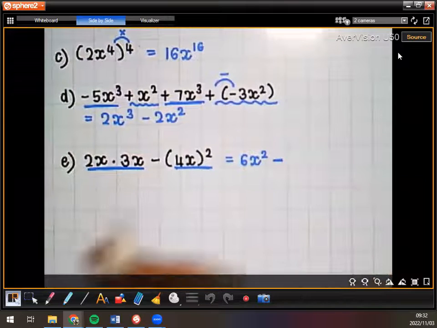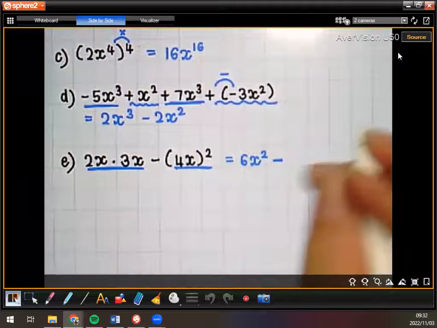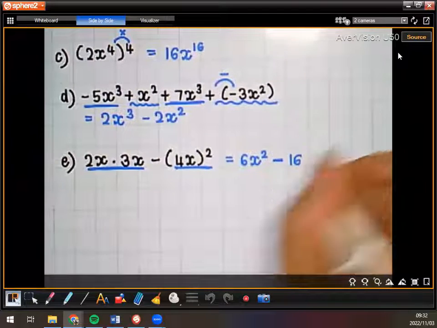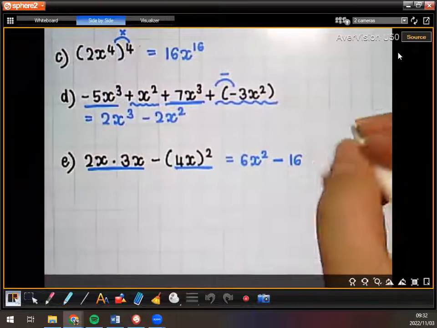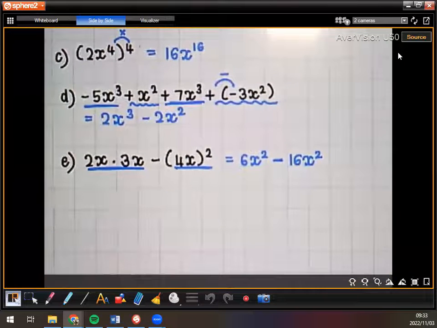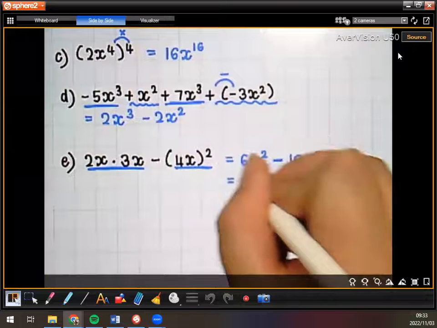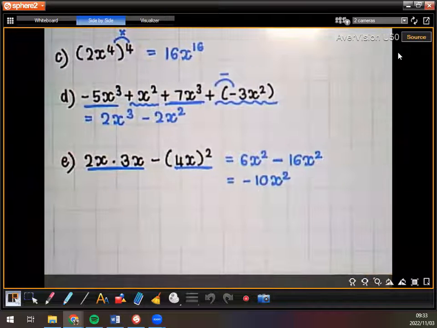Minus, now we again must square everything in this bracket. So 4 squared is 16. Right? 4 times 4. And then x squared is x squared. Okay, now I can subtract all those like terms, right? Yes. Okay, what is 6 minus 16? Negative 10x squared.